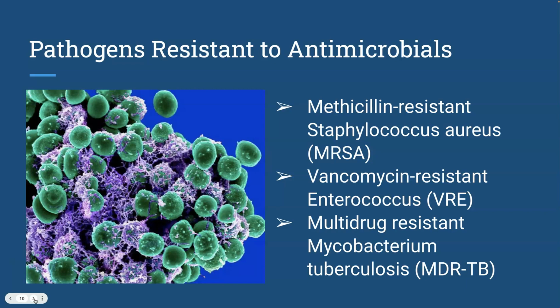It is often transmitted to already compromised individuals that are in the hospital, so due to its antimicrobial resistance and spread to already sick individuals, it has a 24.5% mortality rate. And lastly, I'll discuss multi-drug resistant Mycobacterium tuberculosis.